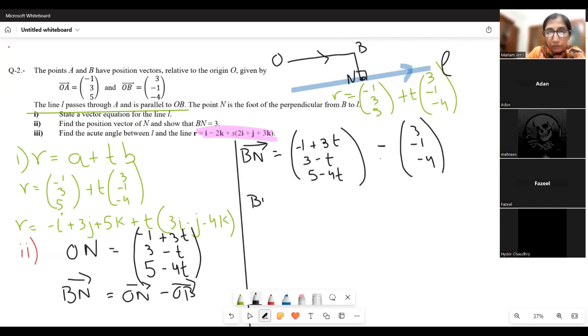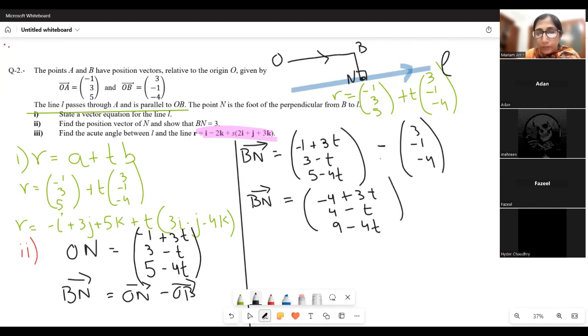So that gives BN equals -4 plus 3t, 4 minus t, and 9 minus 4t. Let me quickly double check. Okay, so that's BN.